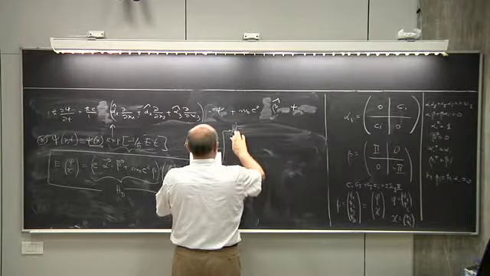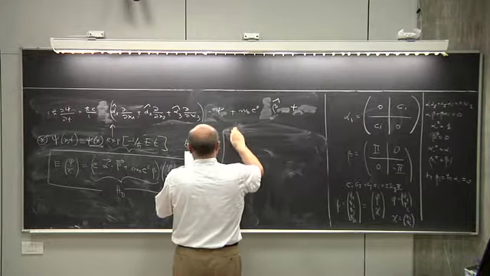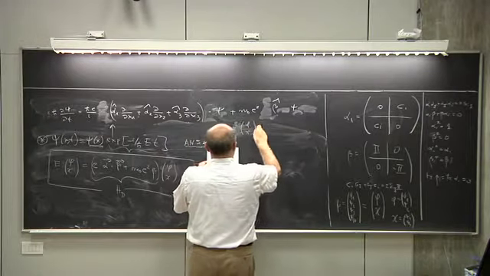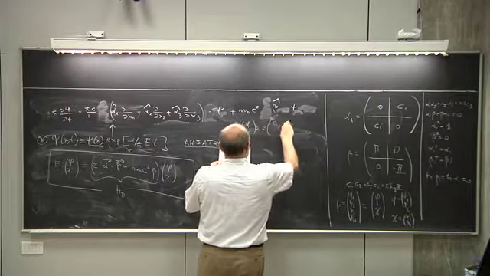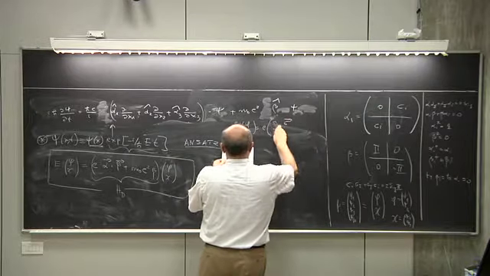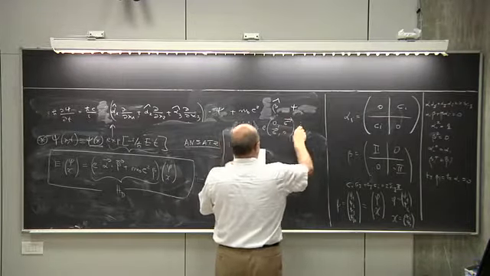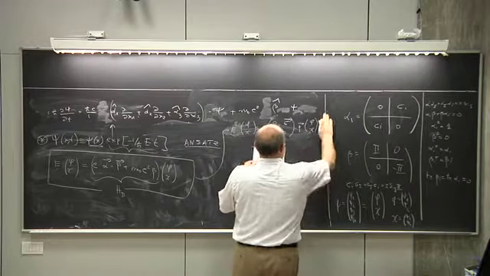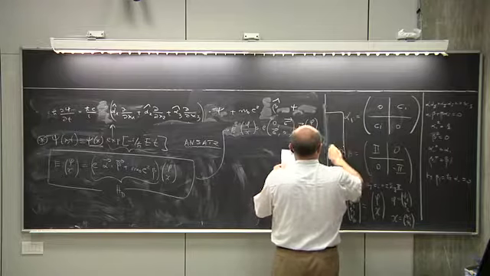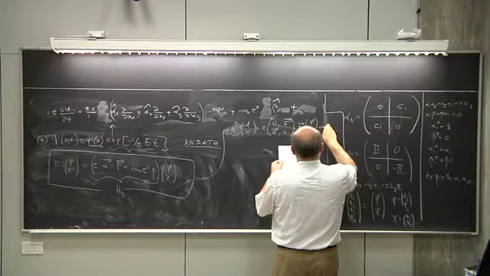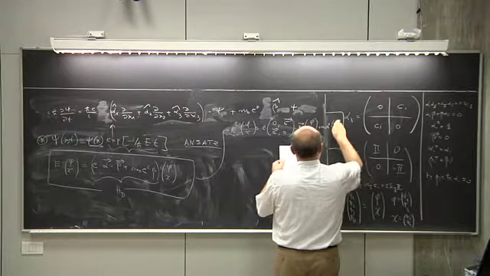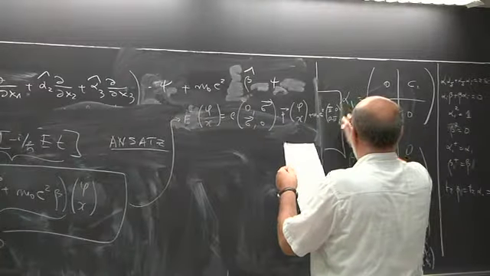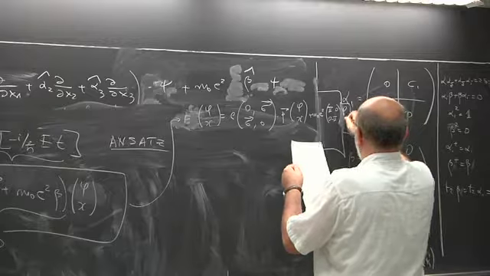E phi chi equals C 0 sigma 0 times P phi chi plus M0 C square I 0 0 minus I phi chi.